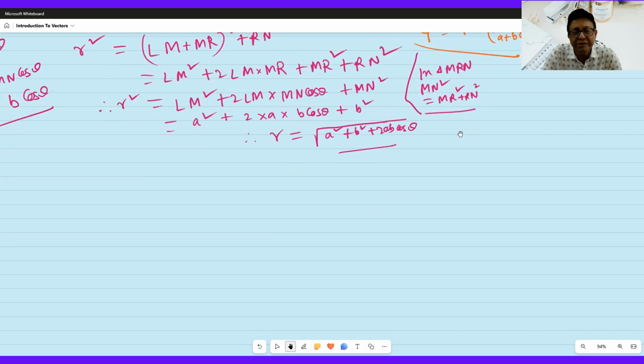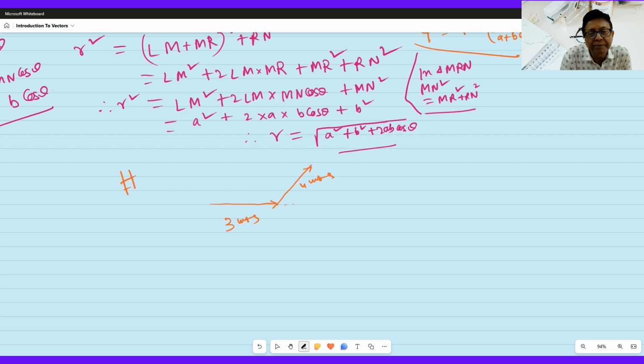I am just writing a simple example here. This vector is of magnitude, say 3 units, and this one 4 units.